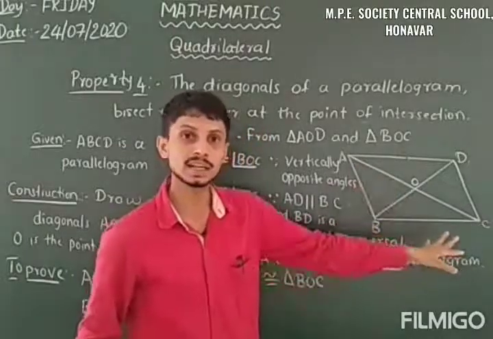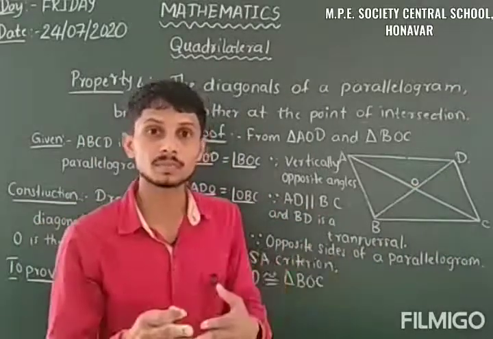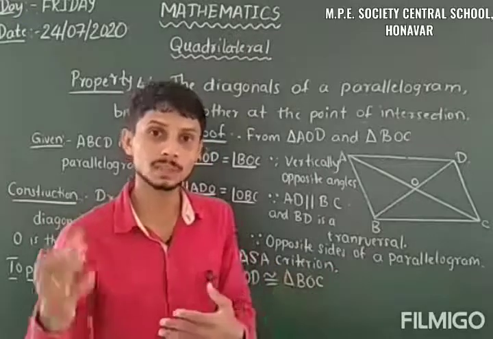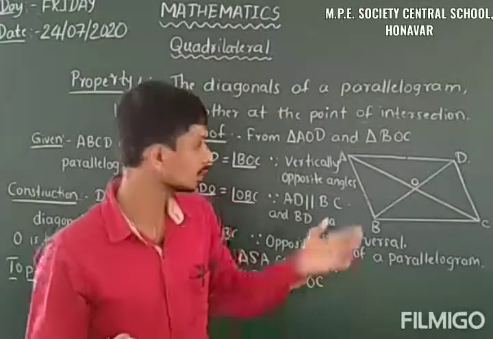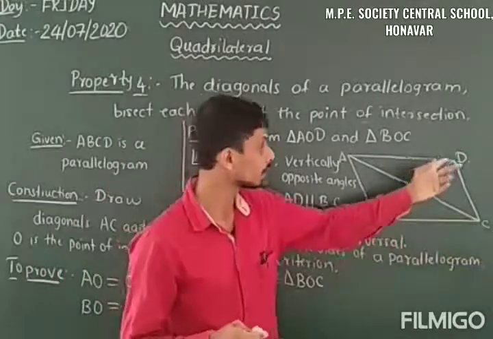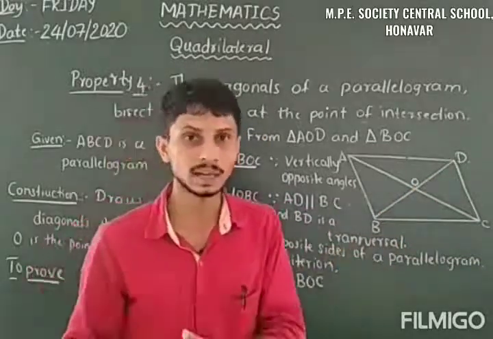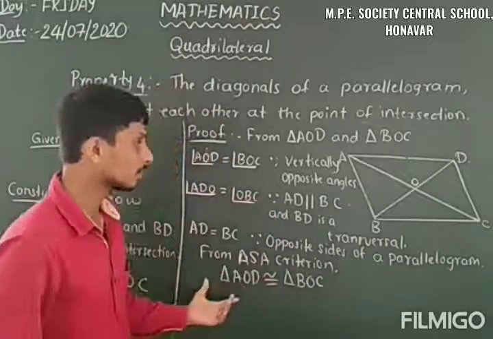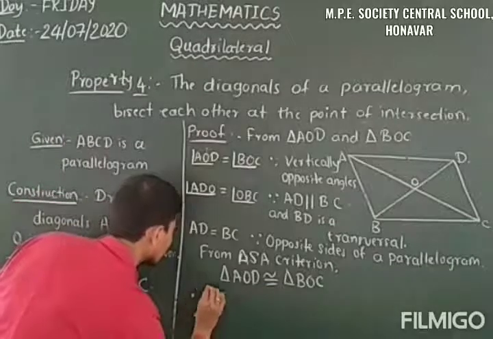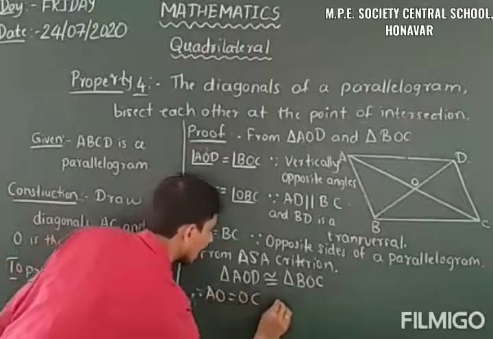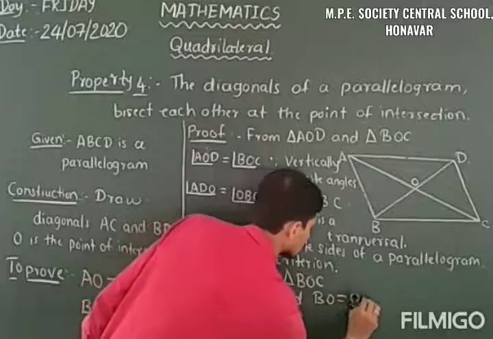Those corresponding sides are equal, that means we call it CPCT, congruent parts of congruent triangles. So AO and OC are the CPCT, and DO and OB are the CPCT. So here we can take AO is equal to OC, and BO is equal to OD.